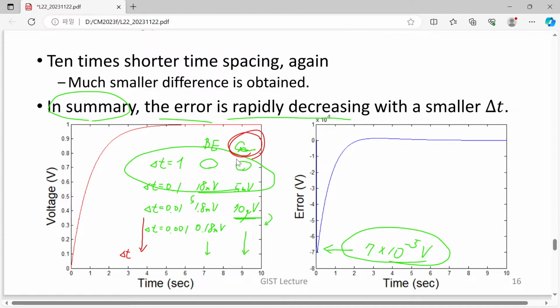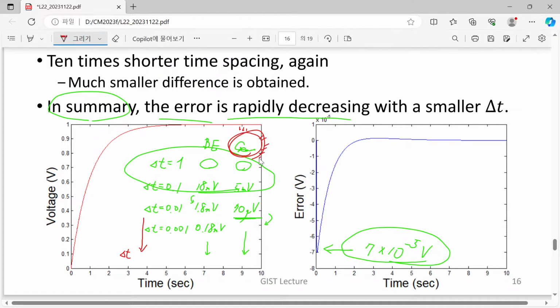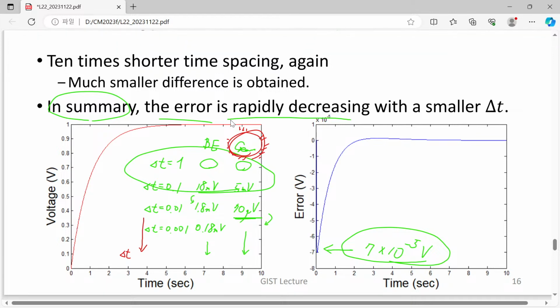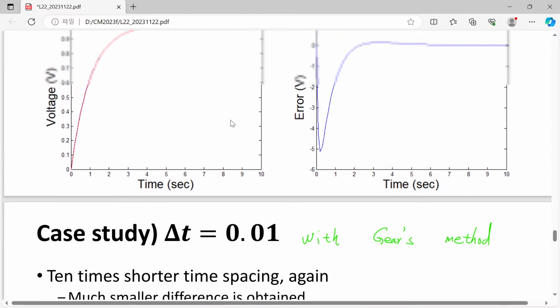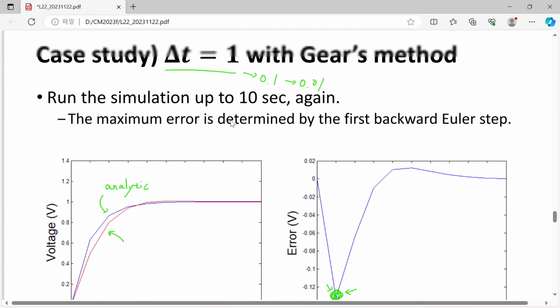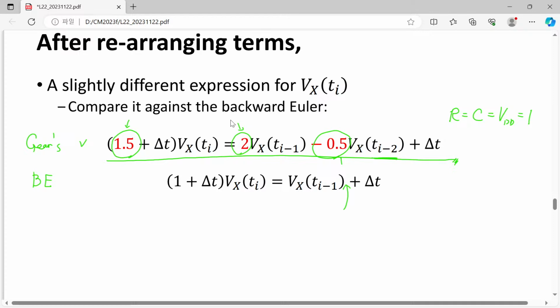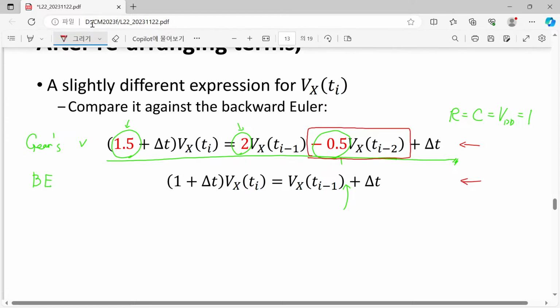Then my question is, wow, does everybody just take Gear's second order method? Unfortunately, sometimes not, because in practice there are some considerations. We now all know that this is much better in terms of accuracy. However, in its implementation, what is the disadvantage of Gear's second order method?